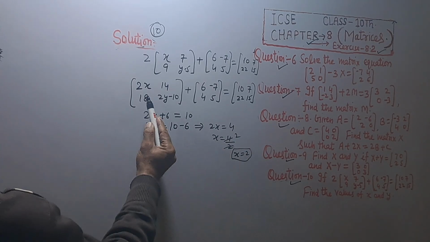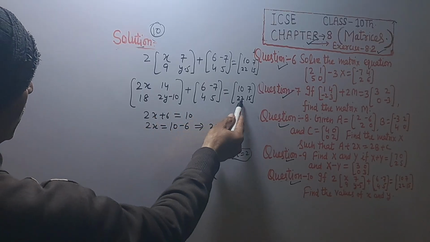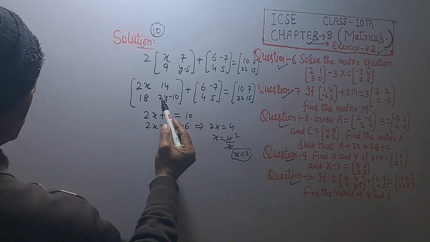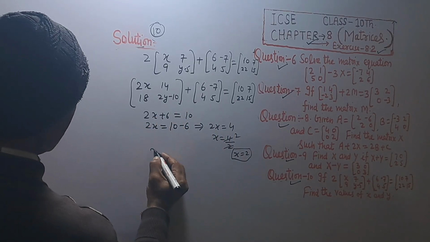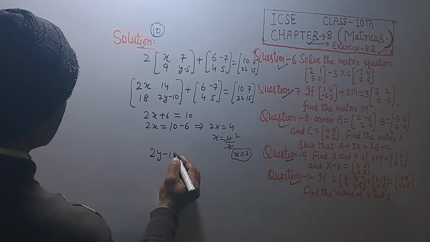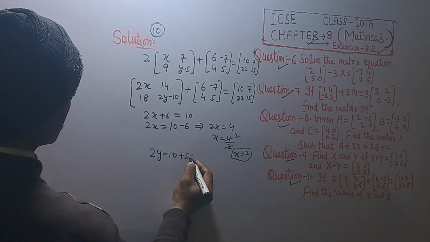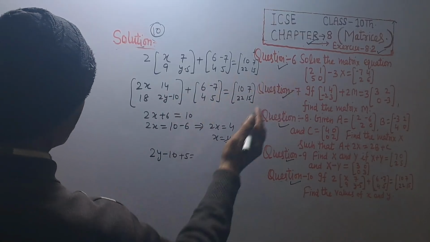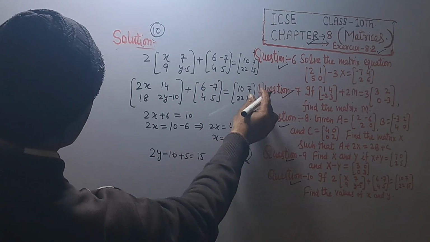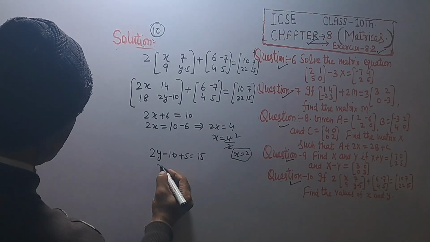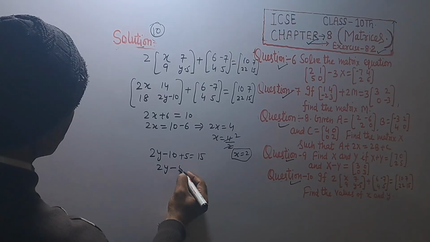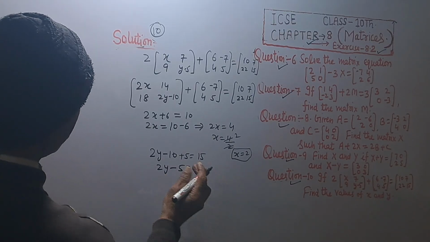And 18 plus 4 equal to 22, that is equal to 22. And 2y minus 10 plus 5, corresponding element, is equal to 15. 2y minus 5 equal to 15.